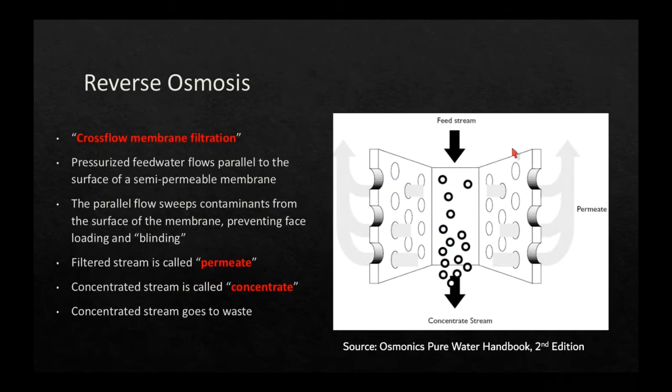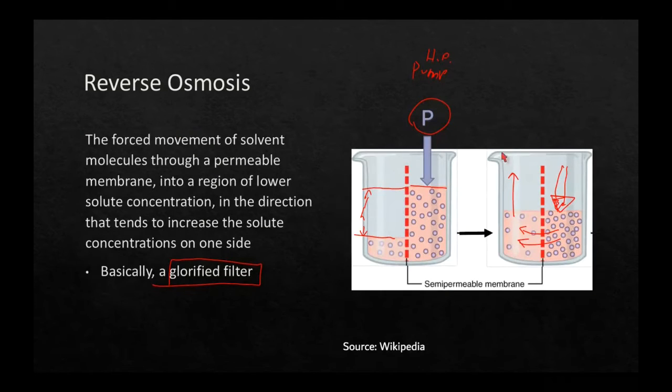Maybe it's on the next slide. Aha, okay, yes. The permeate. So that's what we're going to put into the boiler, the permeate. And this stuff here is the concentrate, and basically this is going to go to waste. So two terms you need to know: concentrate and permeate.